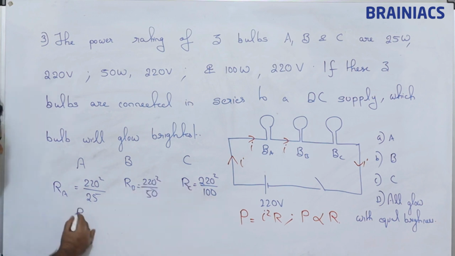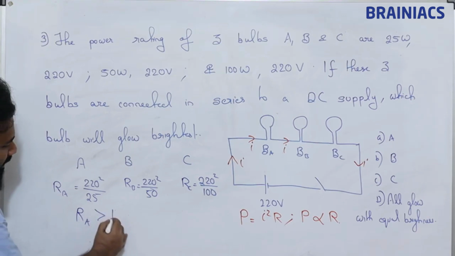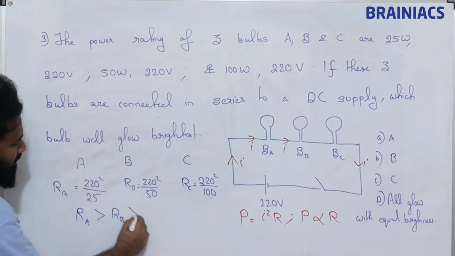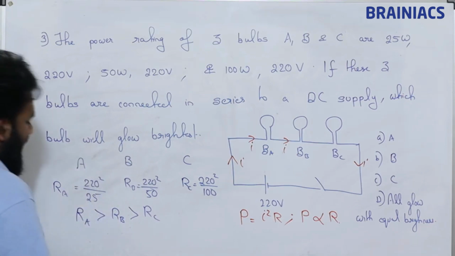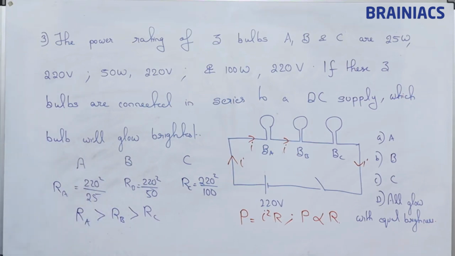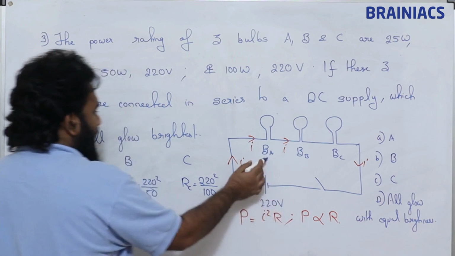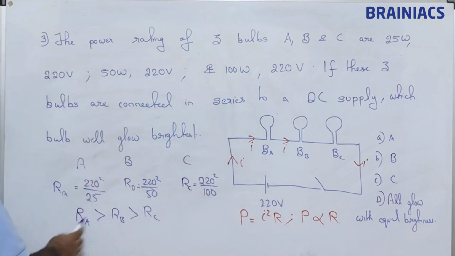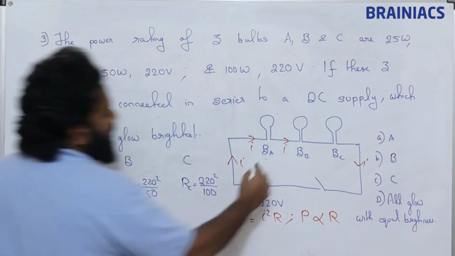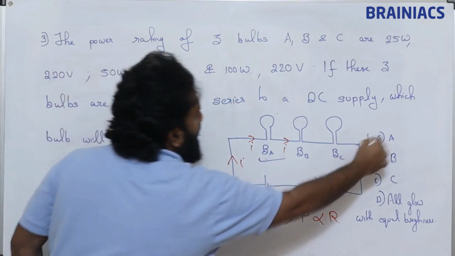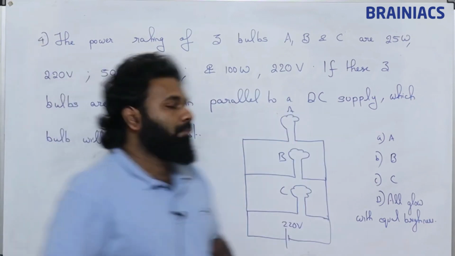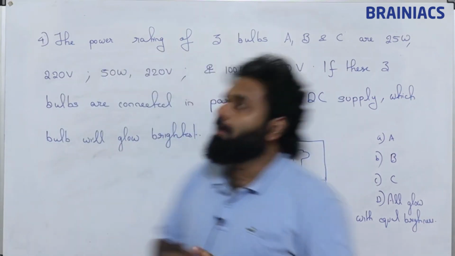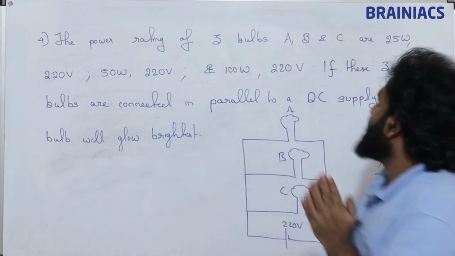So we can say RA is greater than RB is greater than RC. So because of that, which one will glow brightest? Bulb A. Bulb A is having more resistance, so bulb A will glow with more brightness. Clear?